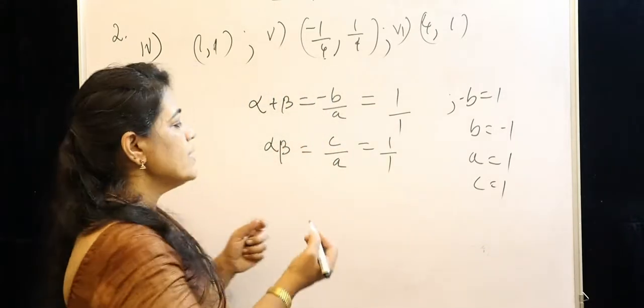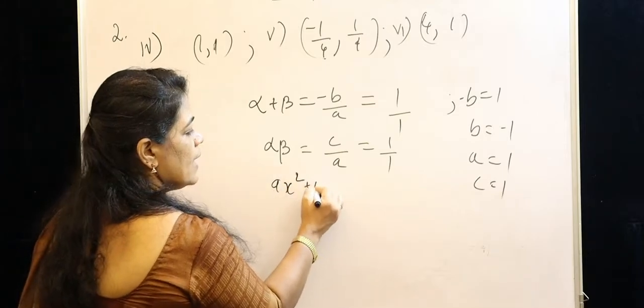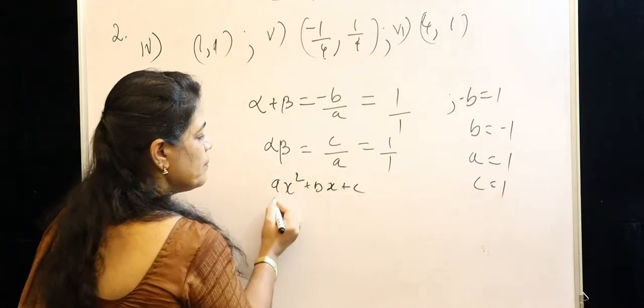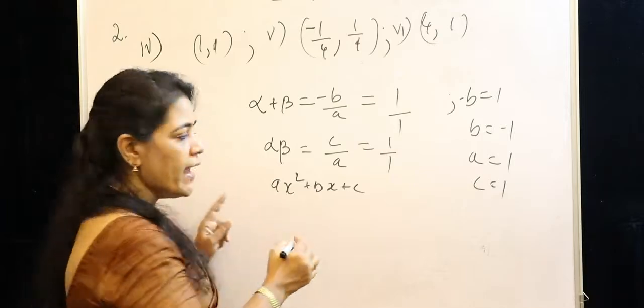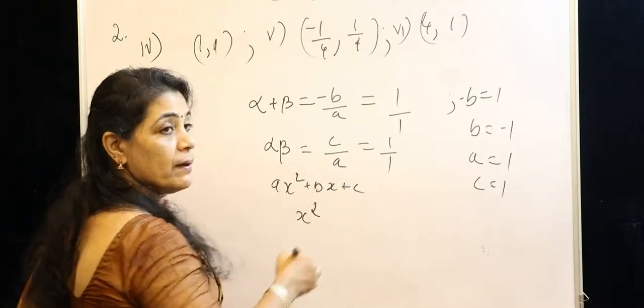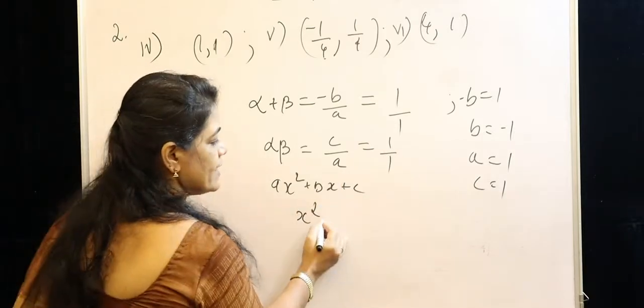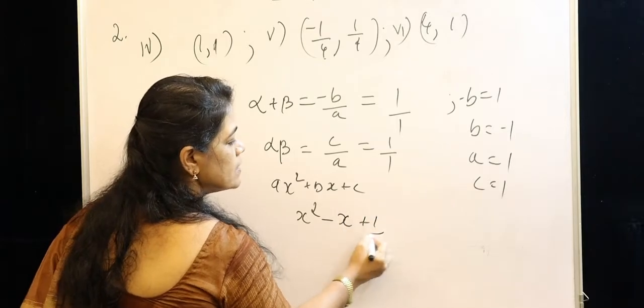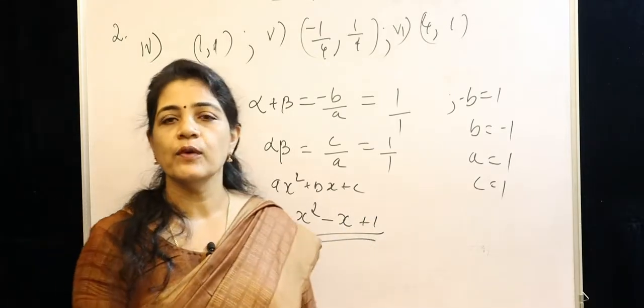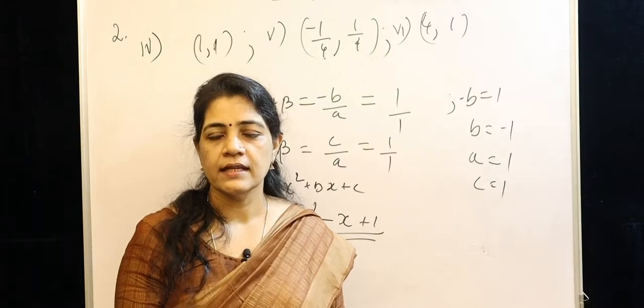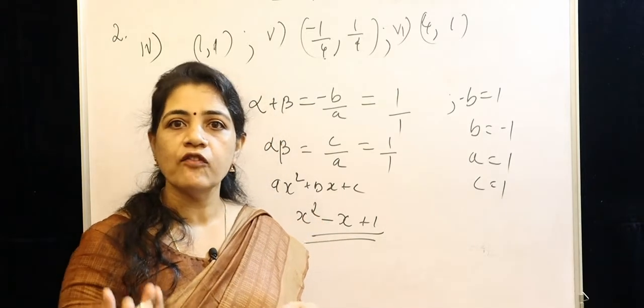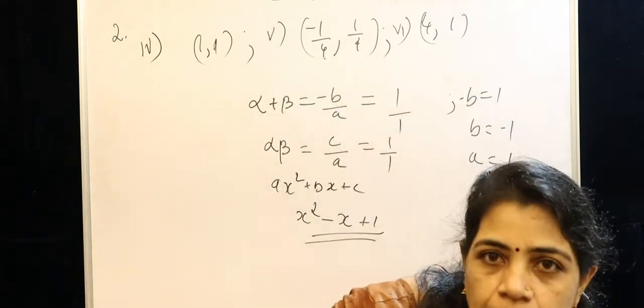Ax square plus bx plus c. So in place of a, 1, so x square; in place of b, minus 1, so minus x; and c is plus 1. This is the required quadratic polynomial.